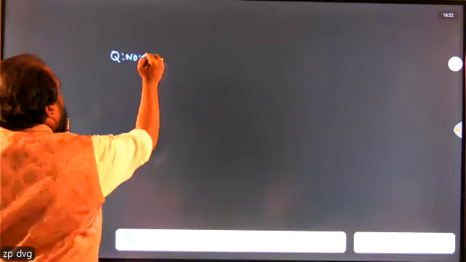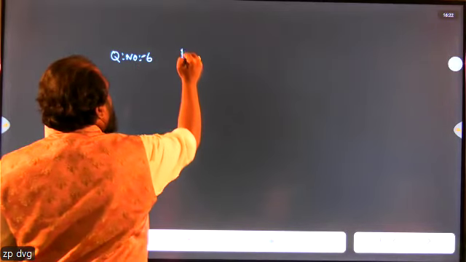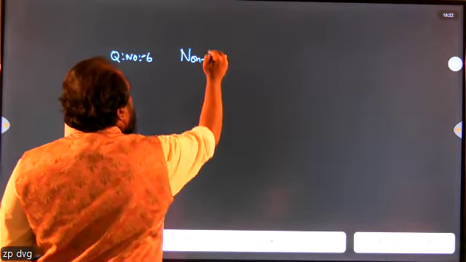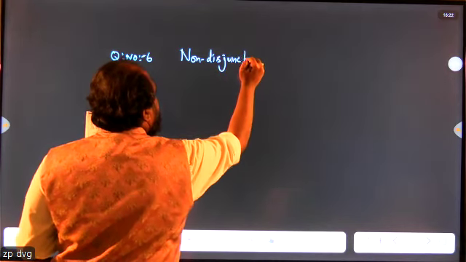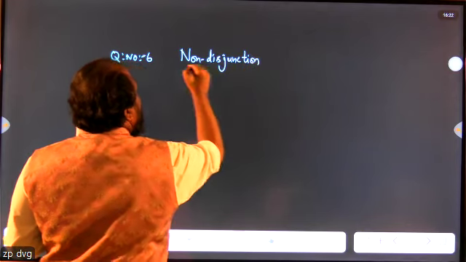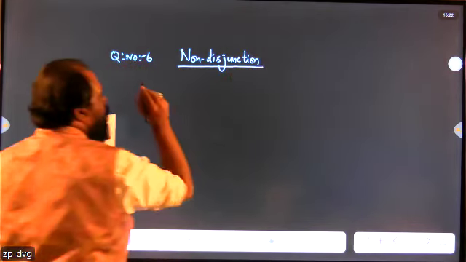Okay. The next keyword here for question number 6, you should know the meaning of non-disjunction. What is non-disjunction?